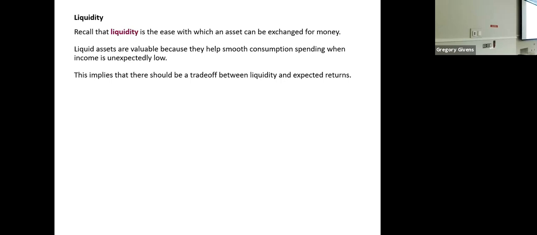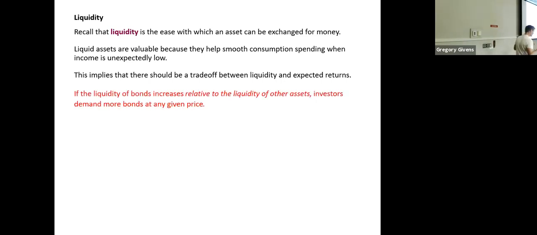But assets that are less liquid, like certain stocks and bonds, we're going to require a higher expected return because of taking on that illiquidity. A house is a very illiquid asset, but it's a little different, right? Because a house actually renders services to you that are valuable, right? So you value a home for slightly different reasons.